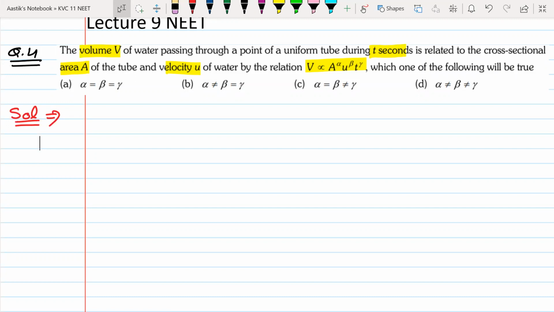Again, remember, we'll have to do this question or any question that comes in this chapter in a similar way.